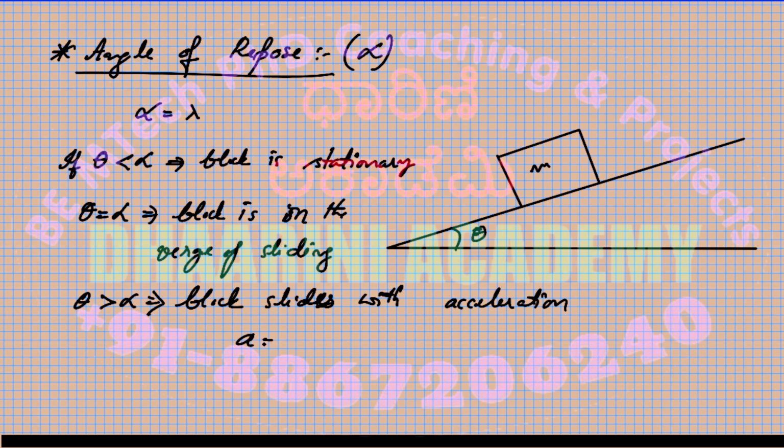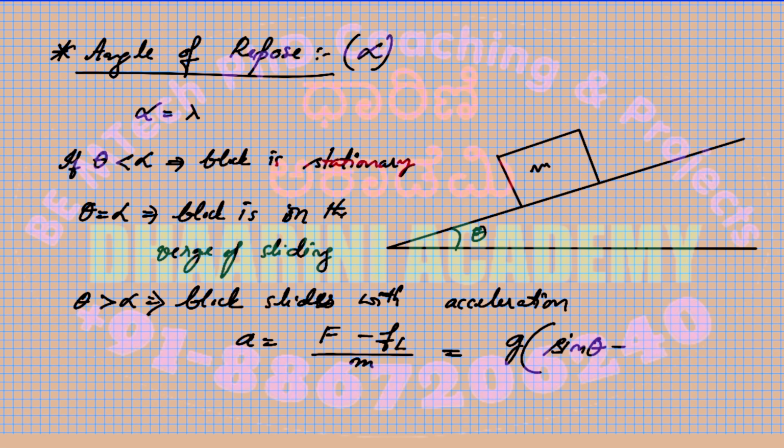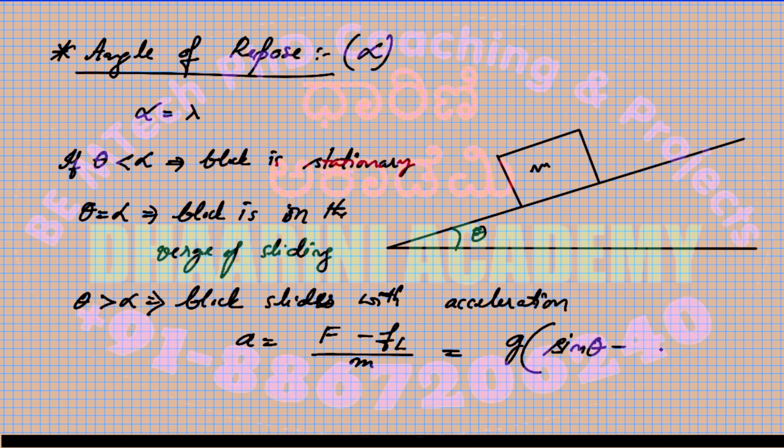That acceleration a is given by the force minus F limiting friction, divided by the mass. This is also equal to g sine theta minus mu g cos theta. You can apply anything, both will give you the answer.